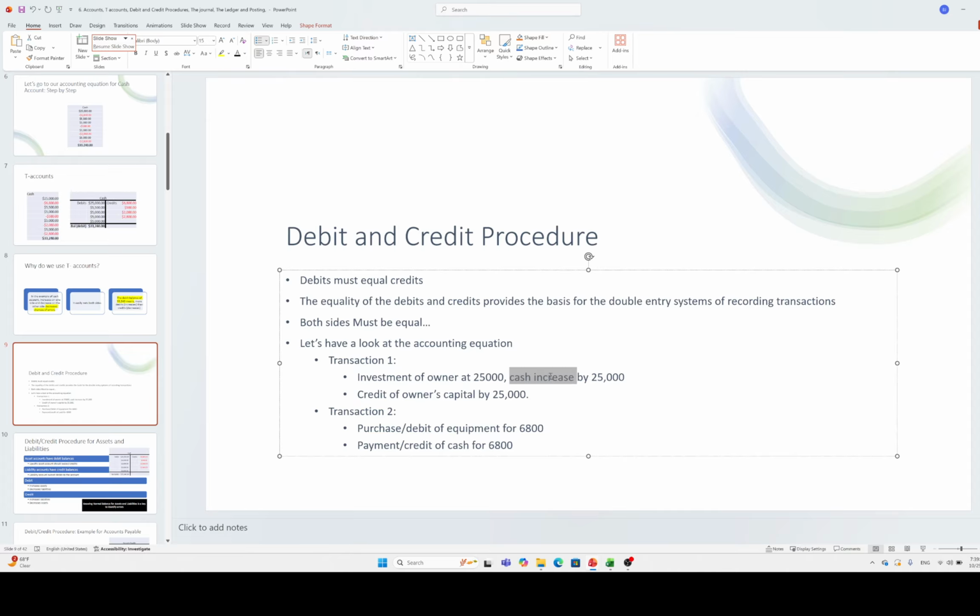The cash increases by $25,000, so we debit cash, and then we credit the owner's capital by $25,000.